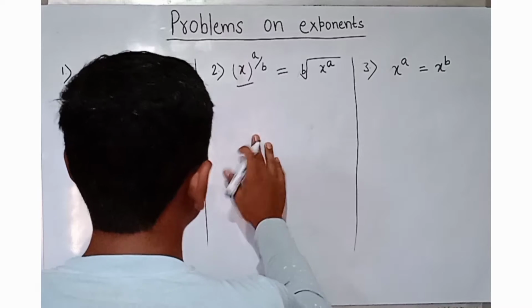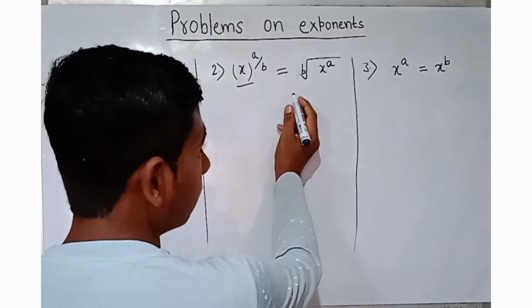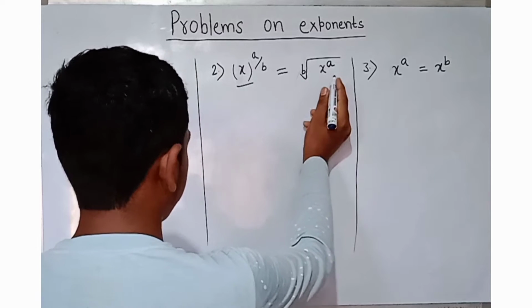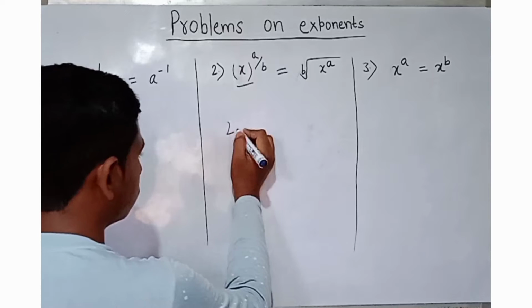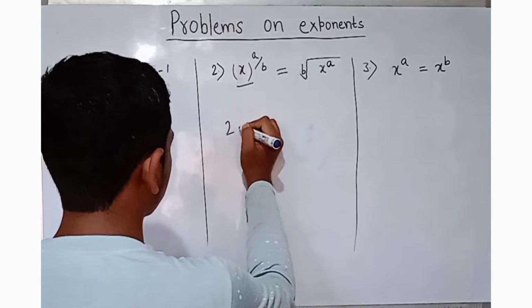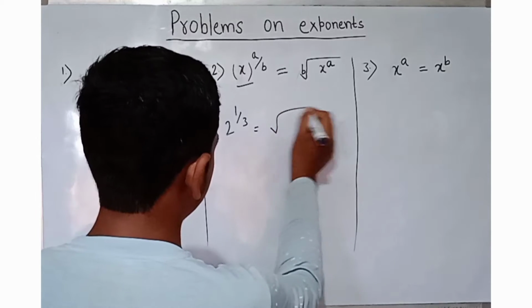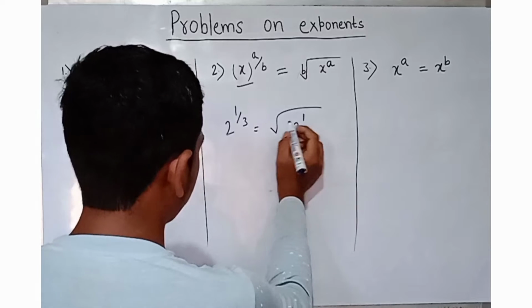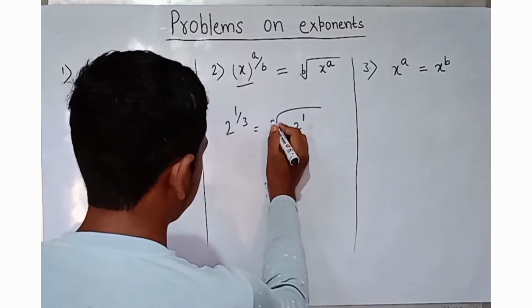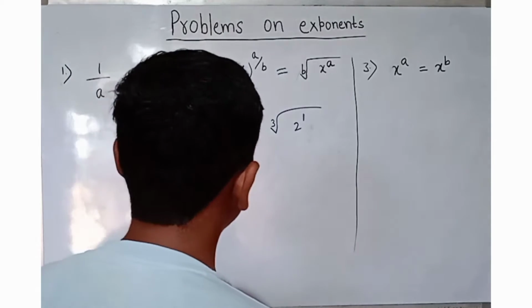The second one is that x power a by b will be b root x power a. See here, suppose there is a number 2 power 1 by 3, then 1 will be here and 3 will be here, so it will be cube root.